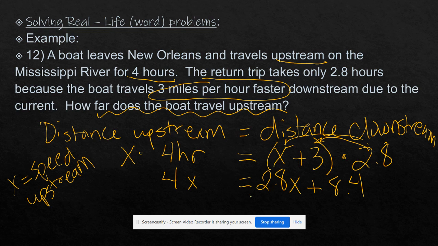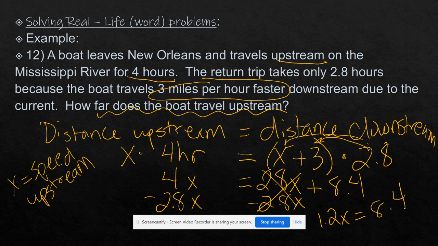This is a positive 2.8x. So I'm going to subtract 2.8x from both sides. 4x minus 2.8x is 1.2x. 2.8x minus 2.8x adds to 0. And we bring down that 8.4.